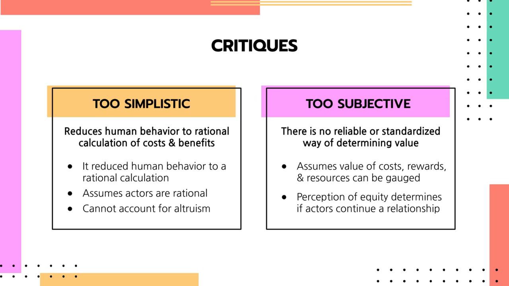We talked about distributive justice, equity, fairness. That's all coming down to perception, essentially, which is, you can see these two different critiques, how they in some ways overlap, but also kind of contradict one another. Because on the one hand, it's saying that everything is much too subjective.